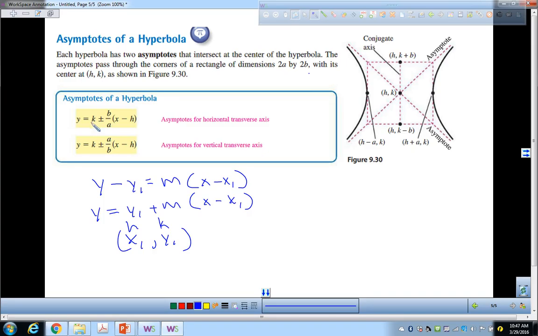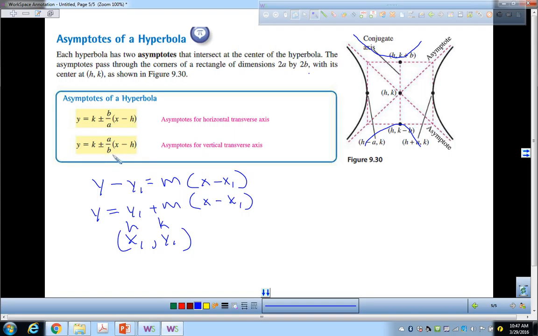h, k is the center of your hyperbola. B over A is the slope of your asymptotes. If it's going horizontally, then this is A and this is B, so the slope is going to be B over A. If it's going vertically, like if I were to draw one in like this, then this is A and this is B, so the slope is going to be A over B. You understand that?